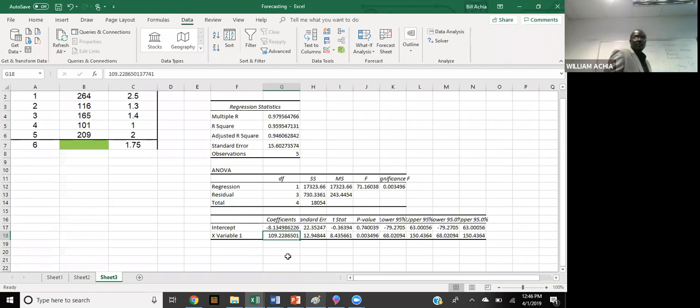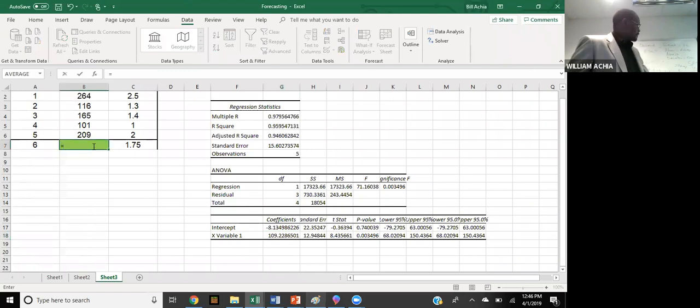Okay, so let me plug that into my spreadsheet here. So we have your intercept plus your slope multiplied by your dollar spend. And if you do that right, you get a number.